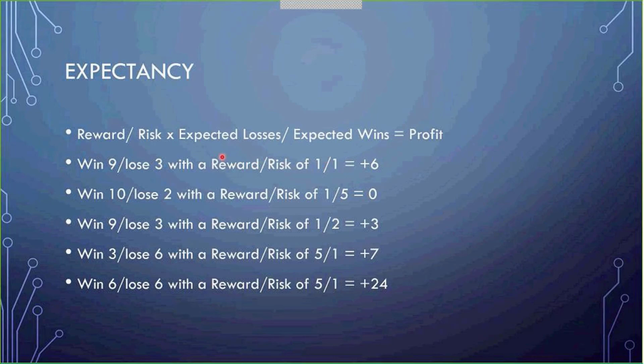Well, what does that mean? That means if you're willing to gain, say, 10% with a risk of 10% loss, that's a 1-to-1, which would leave you at the end of the year at a +6. So that gives you an expected profit at the end of the day.